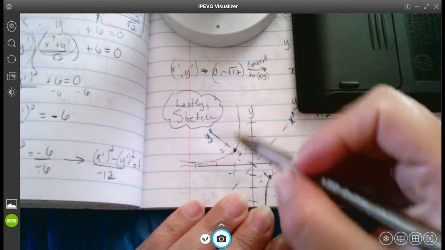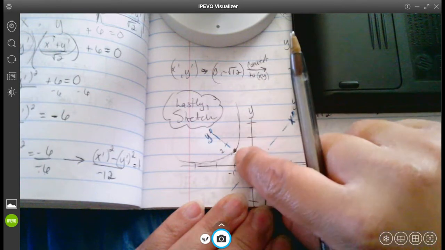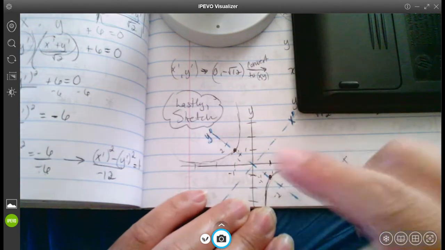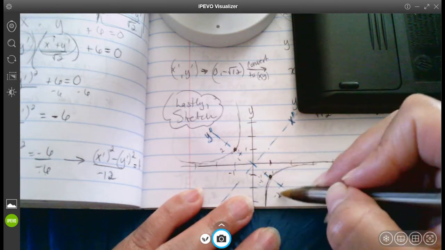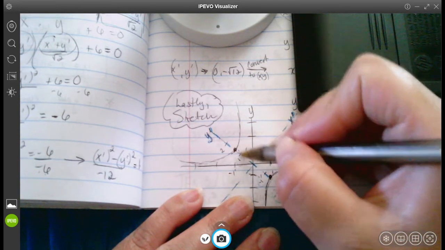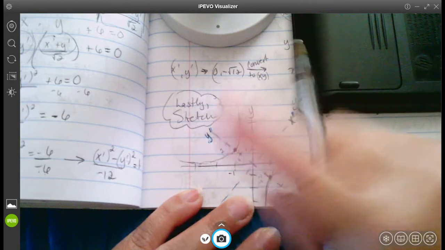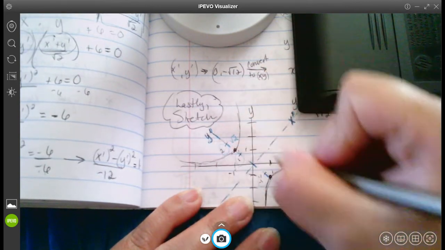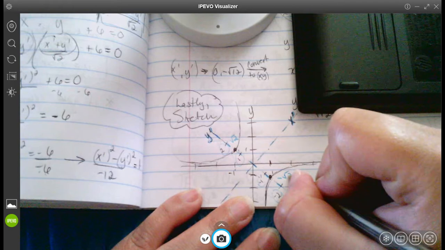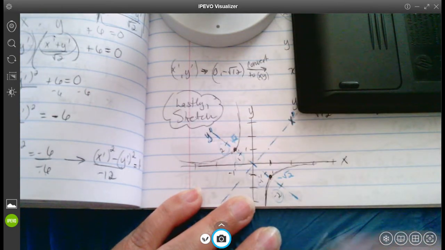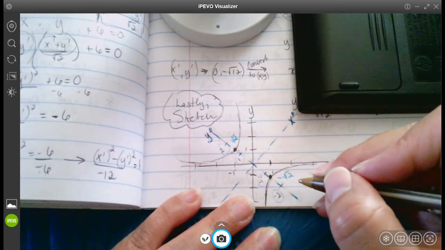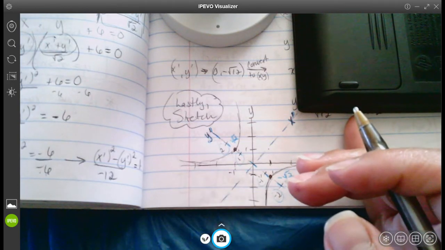You will notice that the vertex for this one and for this one is between 1 and 2, and that point right there is actually the square root of 12 that we found earlier. Okay, that's kind of how this works.